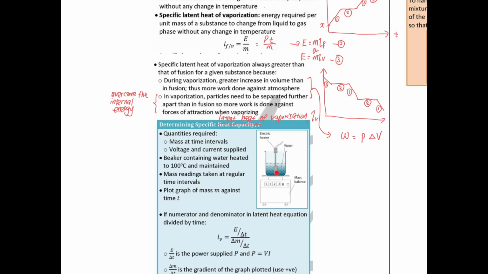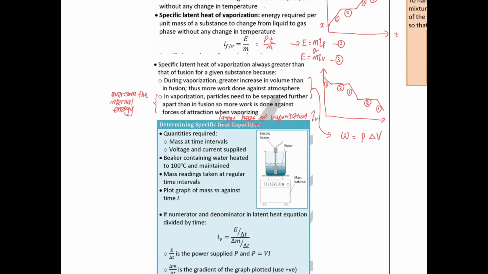You have to heat up the water until it reaches 100 degrees Celsius. That means you have to heat it up until it boils first. It boils, and then our timing starts and the experiment starts at boiling point.